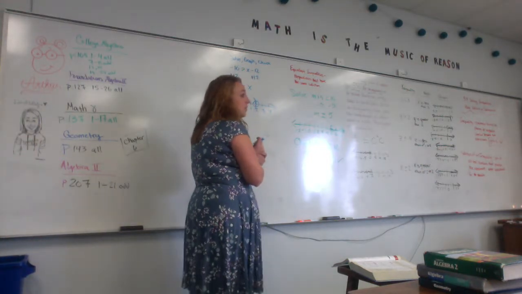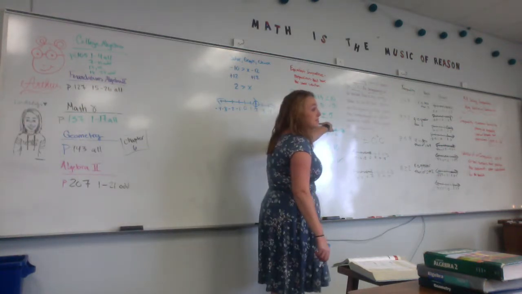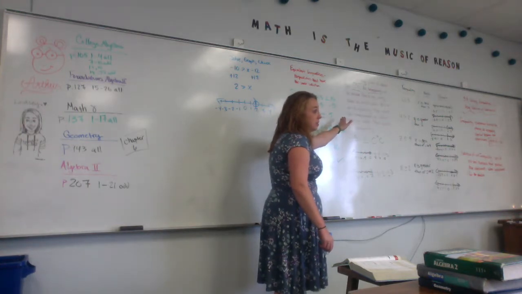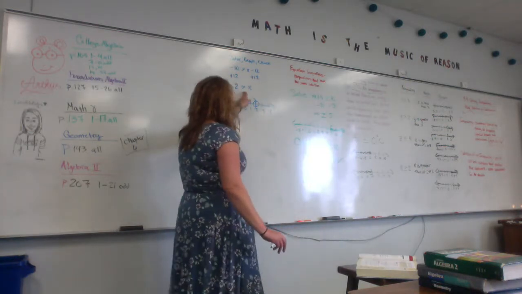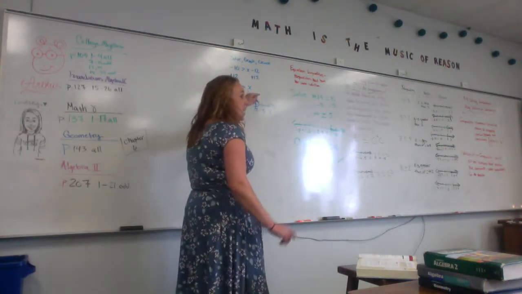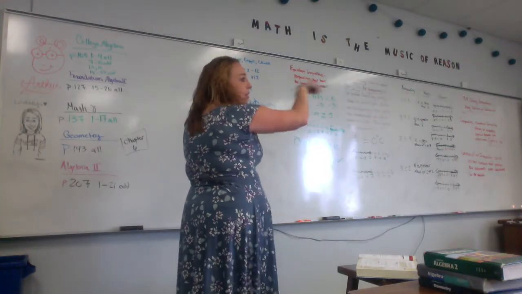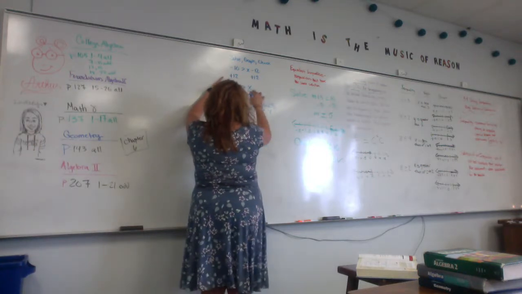I'm so confused. That's because this is written in a different format than this. My variable's first, my number is next. Here, my number is first, my variable is second. If it's written this way, I cannot just point and go that way. You have to go opposite because it says 2 is greater than x.